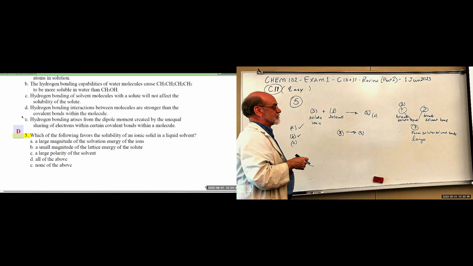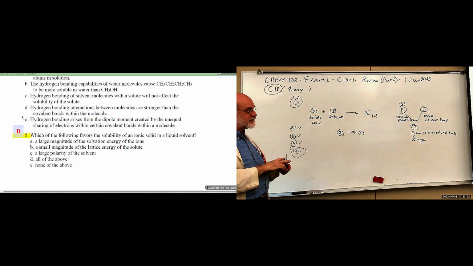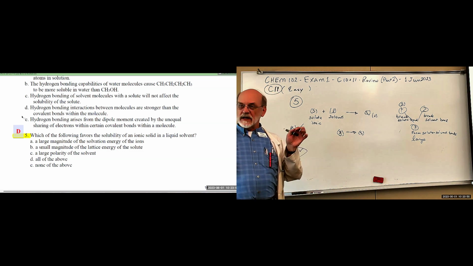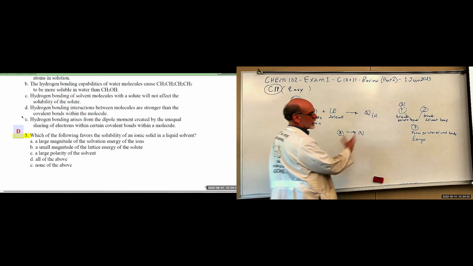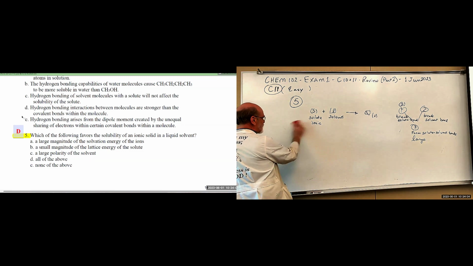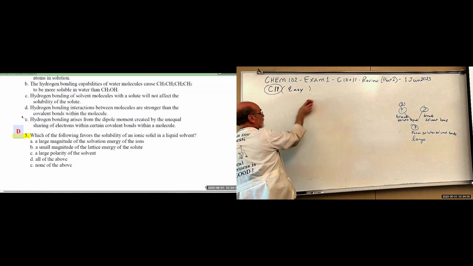Okay. All of the above, right? They're all true. They favor the formation of a solution with an ionic solid and a polar solvent. Or a liquid solvent. They don't say polar, but A, B, C, and D tell us that the solvent would be polar.